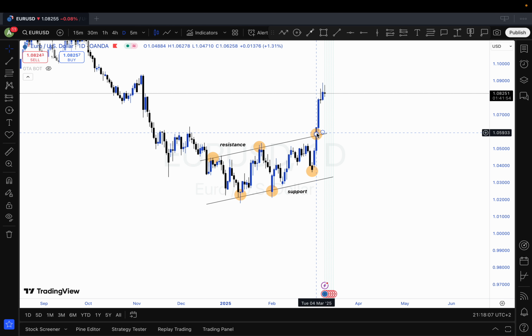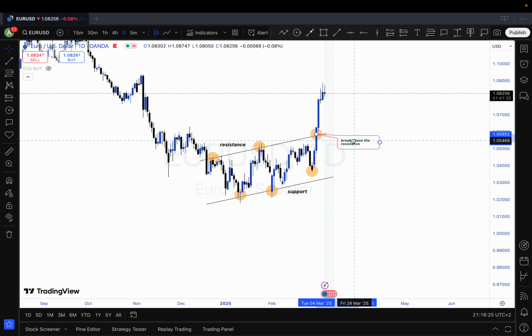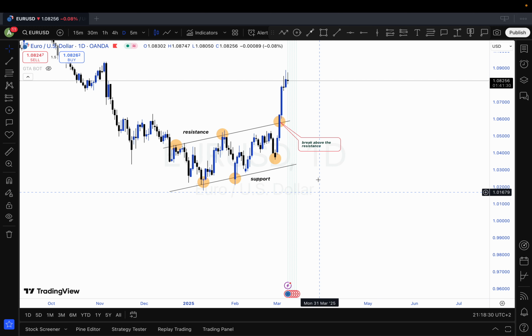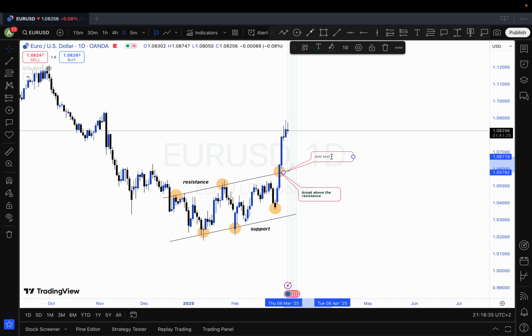We can see that there is a breakout over here. The price broke out of the resistance, or you can just say break above the resistance. If you're just starting trading, it doesn't matter sometimes, you can just label your chart like this for better understanding. If I was doing analysis, I may just say breakout on daily time frame.